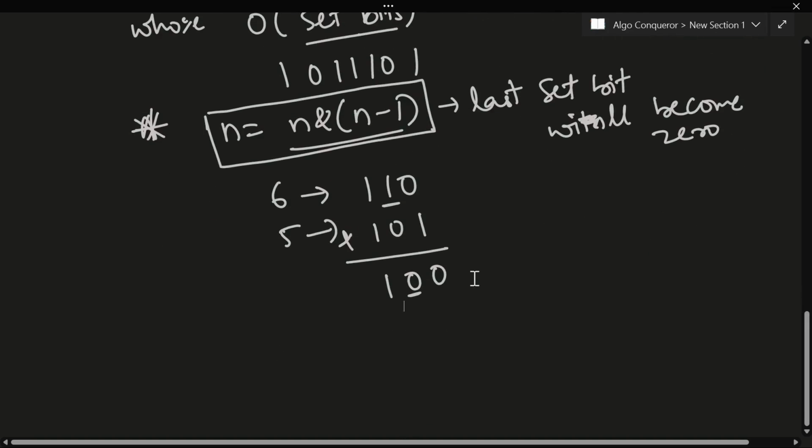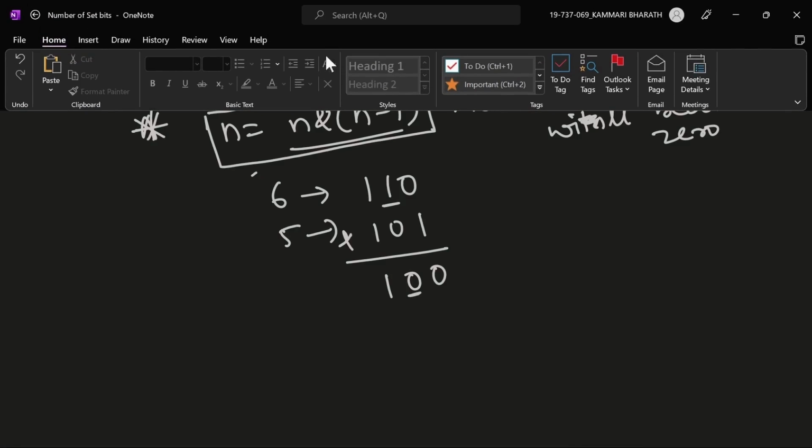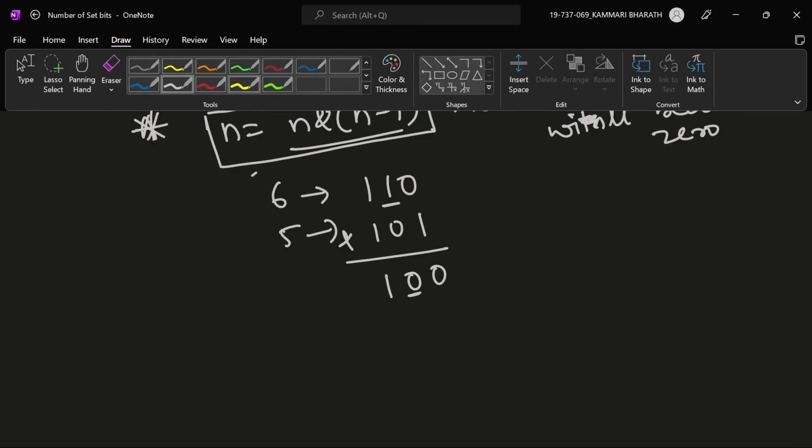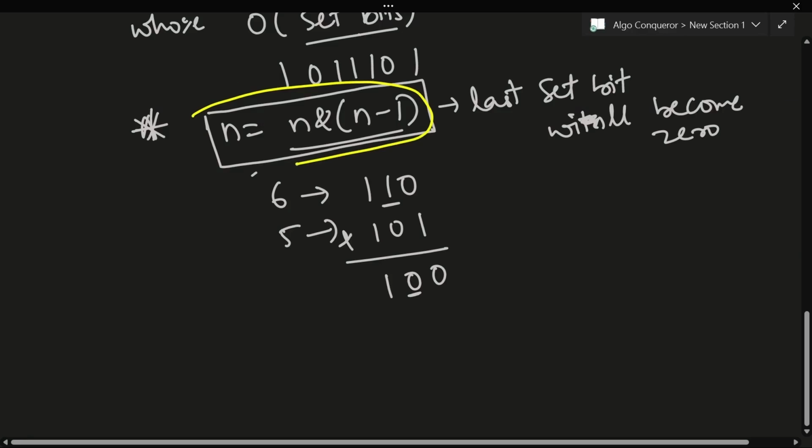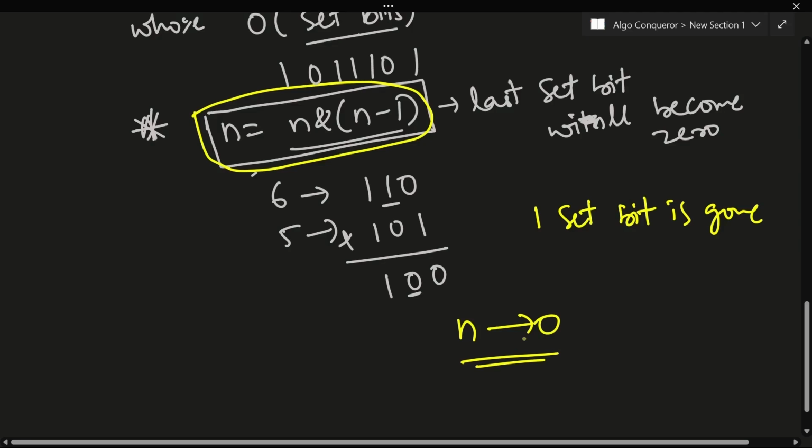Alright. So every time you perform this operation, one set bit will be gone. So how many times would you perform that operation? You will perform that operation unless the n becomes 0. When all the set bits are exhausted, you will stop.